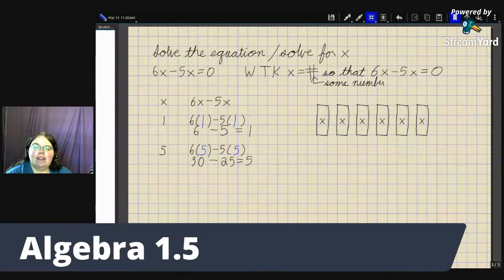We've got 6 x's lined up. So here we've got 6x. And then if we get rid of 5 of them, so 6x minus 5x, well, what's left? Just an x.